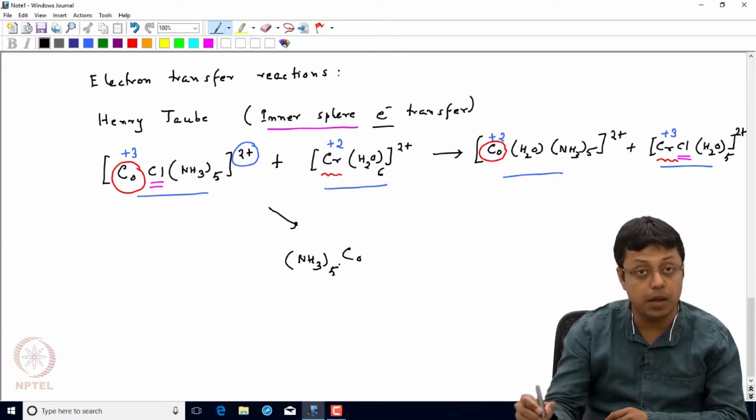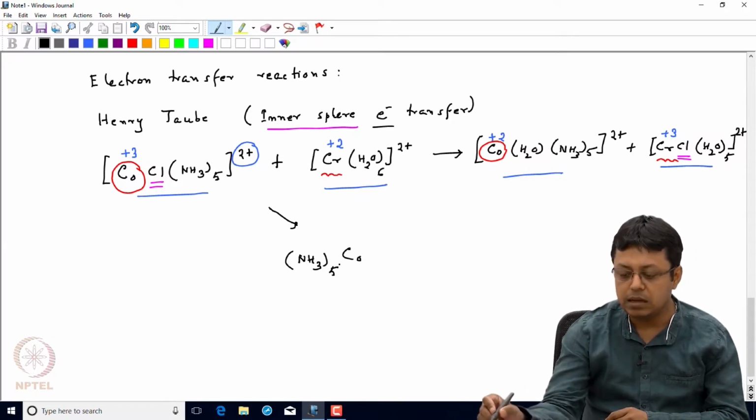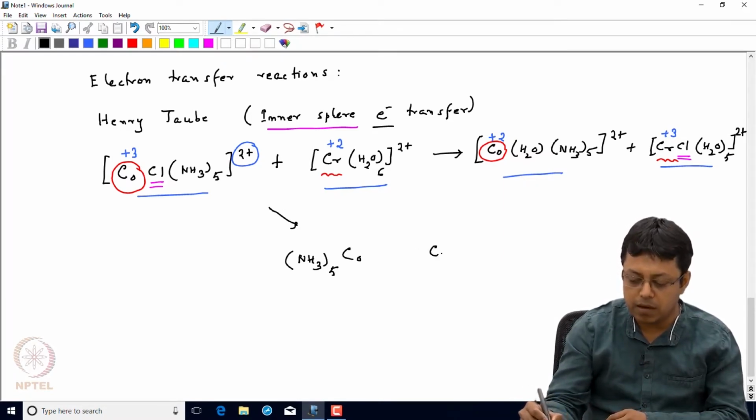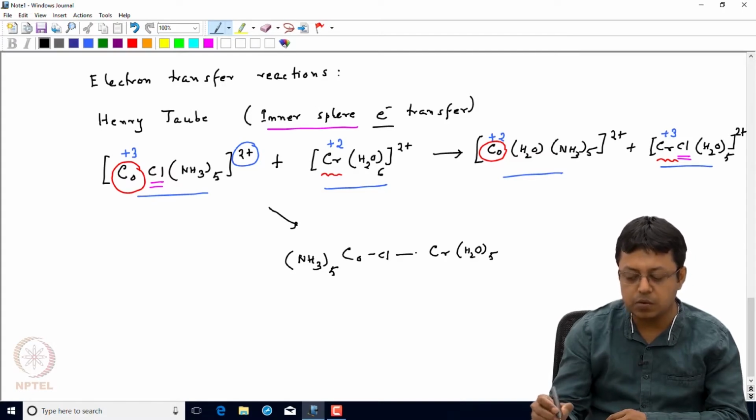Similarly for the chromium, as you can see, there are 6 water molecules at the start, and at the end there is 1 chlorine and 5 water molecules. So basically you can think that one water molecule is replaced by the chloride ion, and you have a chromium with the 5 water molecules intact, and then a chloride ion which is bridging the cobalt and the chromium centers.